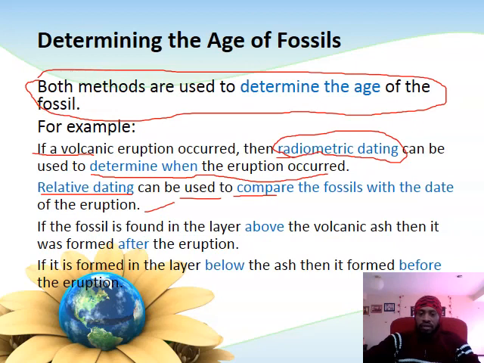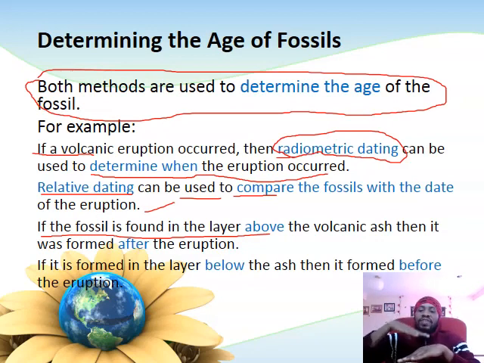Hence, if the fossil is found somewhere in the layer above the volcanic ash, it means that the volcanic eruption has occurred, everything has cooled down, the ash has dropped back on the ground, and a fossil now forms on top of that ash. It tells us that this organism died after the eruption and fossilized after the eruption.